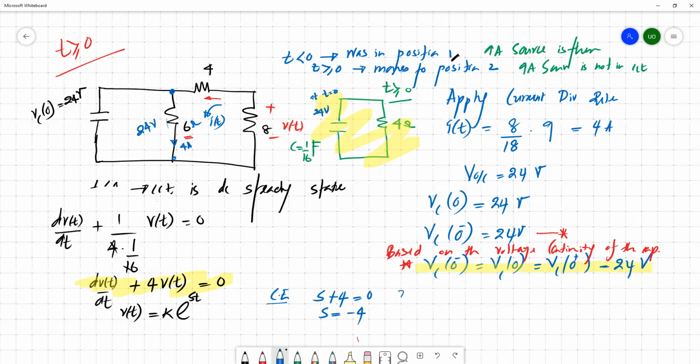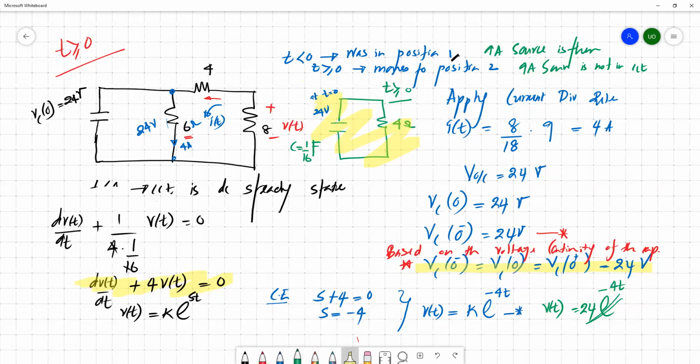Then we can write the voltage across the capacitor as k e to the power minus 4t. Then by substituting the initial conditions, we can simply say that Vt equals 24 e to the power minus 4t.